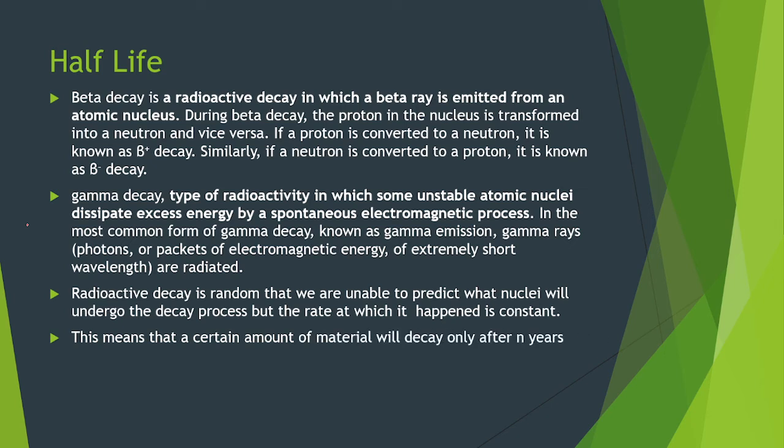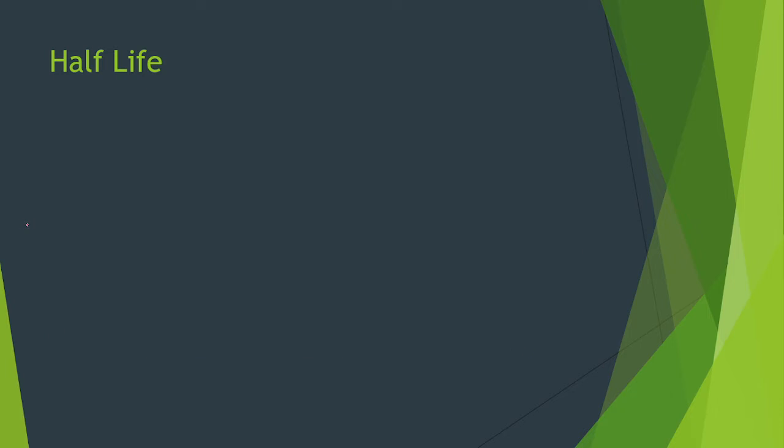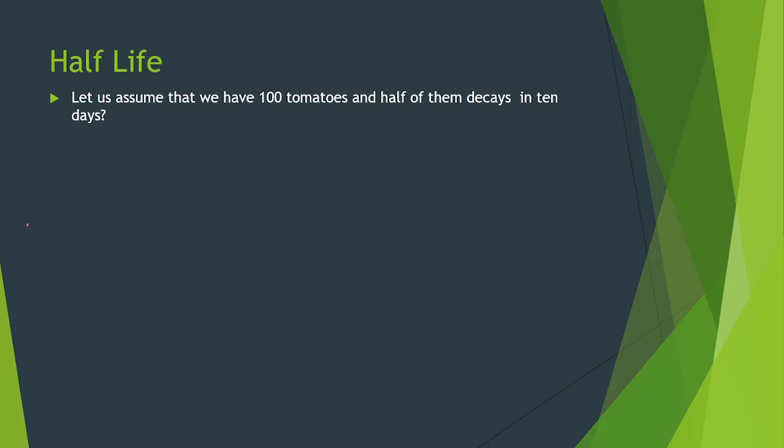Let's for example assume that we have 100 tomatoes and the half-life of them is 10 days. Basically, if you have 100 tomatoes, only half of it remains after 10 days.